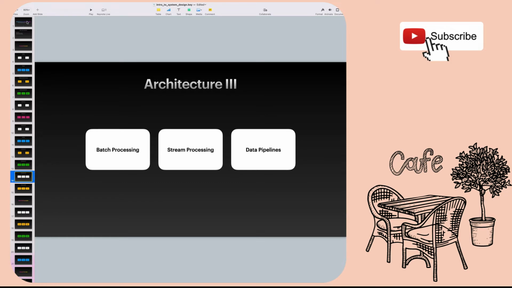More architecture things, we're going to talk about batch processing and stream processing, and how the two are different. Batch processing would be something like a Hadoop or a Spark job that is offline and runs periodically. Then we're going to talk about stream processing, which includes technologies like Beam, Flink, and other real-time systems where you do your data processing in real time as the data enters your system, rather than doing it offline periodically.